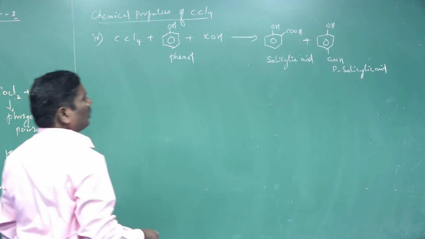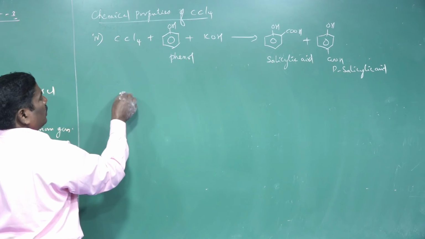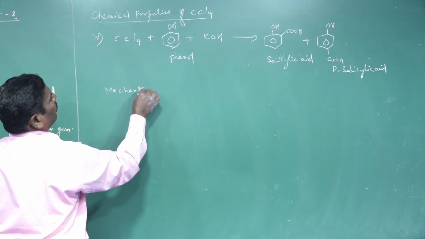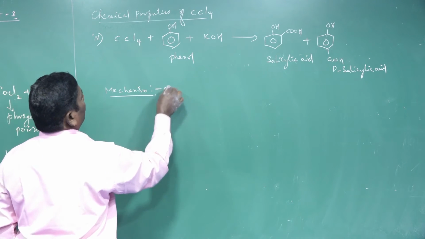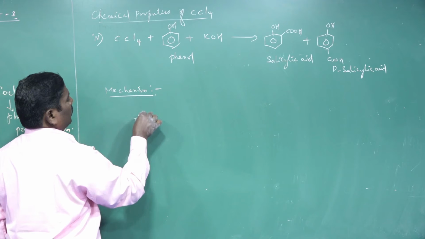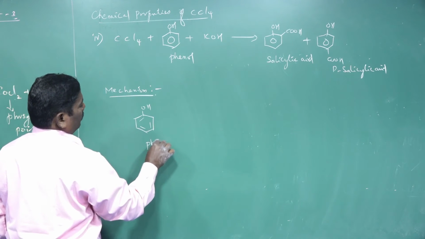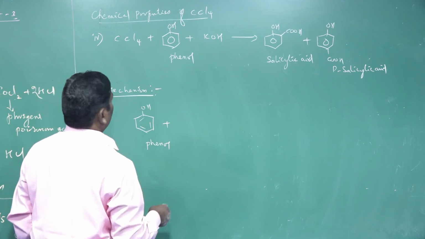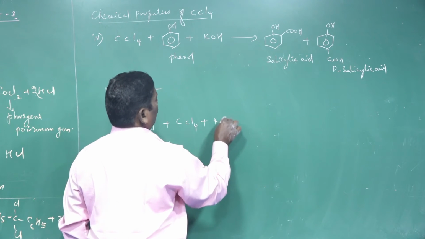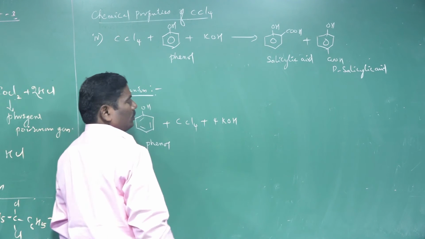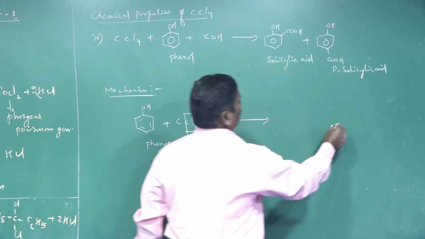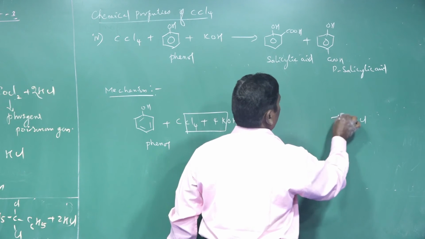The mechanism you have to understand here from these reactions. This is that mechanism, how this reaction is carried out. You take phenol, then plus carbon tetrachloride, CCl4, then plus 4 KOH. This 4 chlorine and 4 K form 4 KCl.